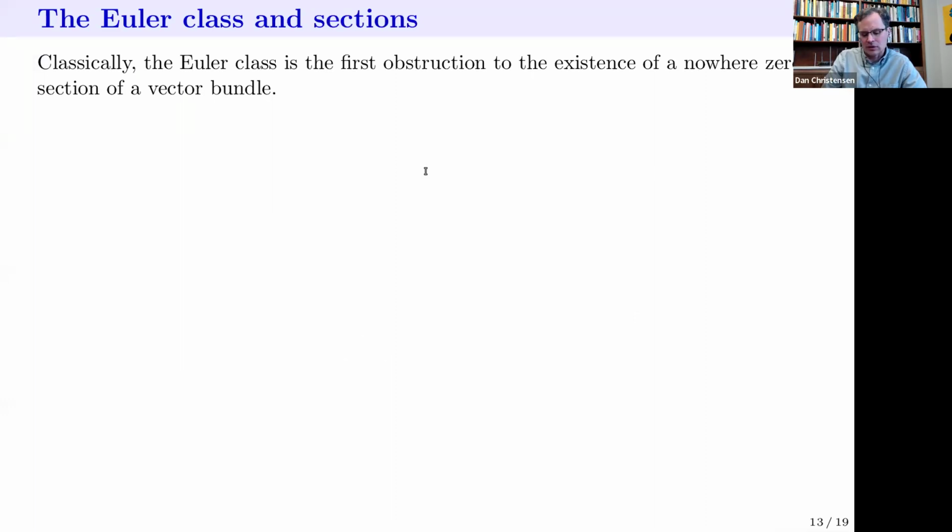Classically, the Euler class is the first obstruction to the existence of a nowhere zero section of a vector bundle. Since we're taking our sphere bundles to model the non-zero vectors in a vector bundle, for us, nowhere zero section just means section.